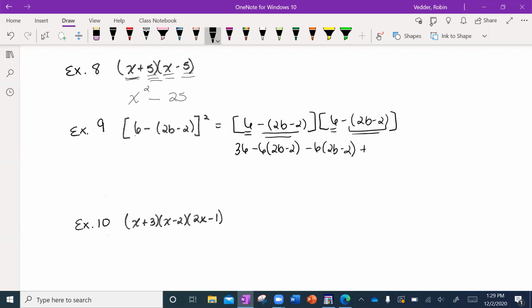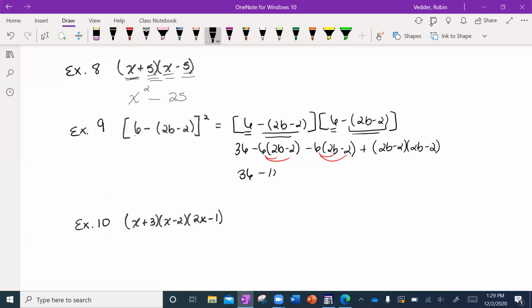Then we're going to multiply the 2b minus 2 times the 2b minus 2. So on something this complicated, first thing I would do is just write it out like that. Just simplify it a little bit for yourself. Then we could go ahead and use the distributive property. Notice that's going to be the same thing. That's where that doubling idea comes into play.